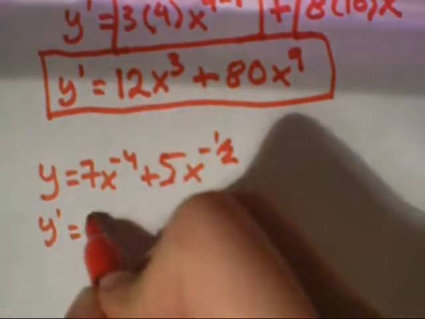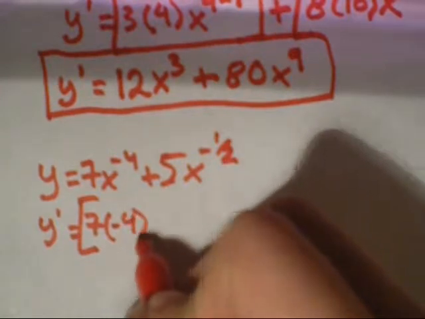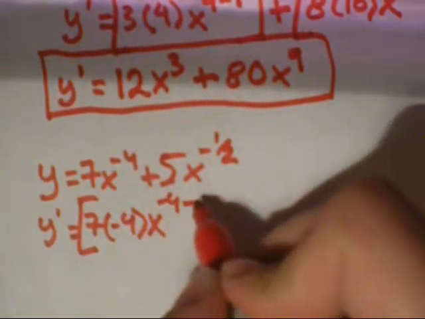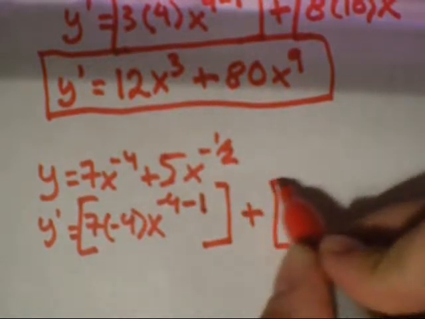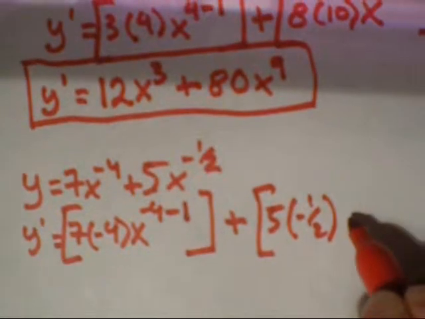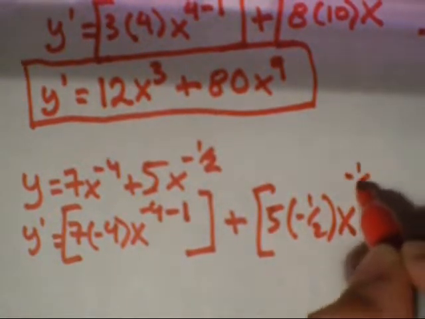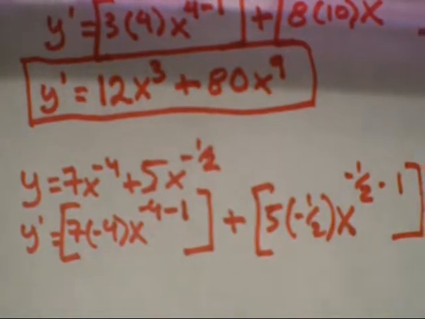So what we get is 7 times negative 4x to the negative 4 minus 1. That's our first part, and then we add 5 times negative 1/2 x to the negative 1/2 minus 1. Right?